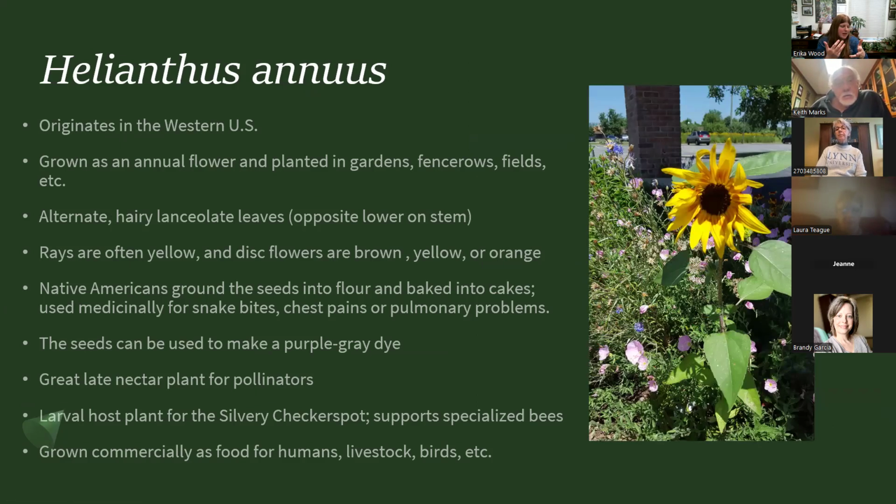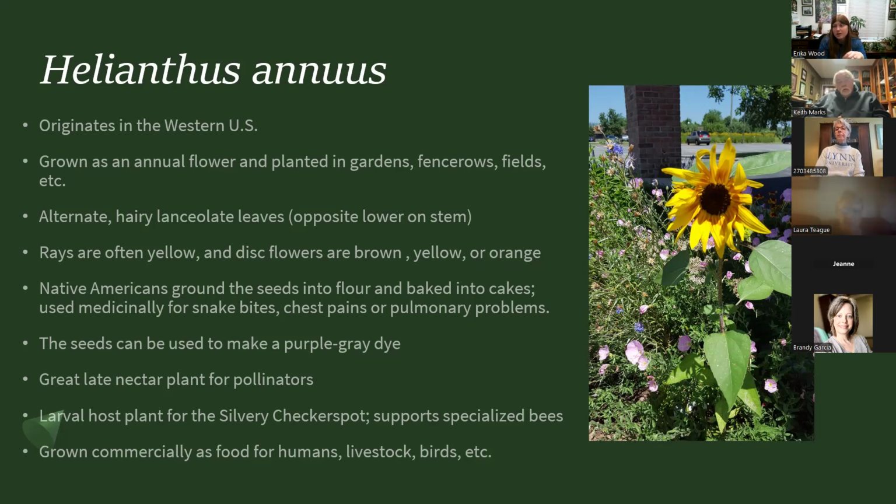Something else that is also a good model for this family is Helianthus. This is our genus of sunflowers. We do have plenty of sunflowers that are native to the US. The one that we often grow, Helianthus annuus, is our annual sunflower that originates more from the Western United States.